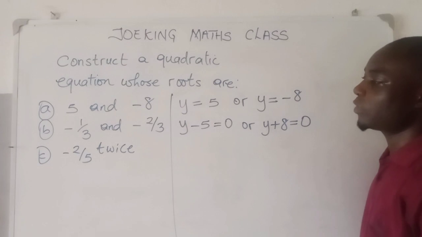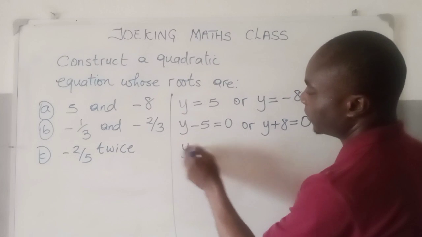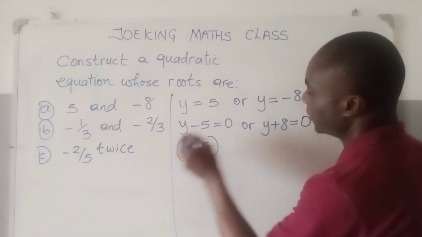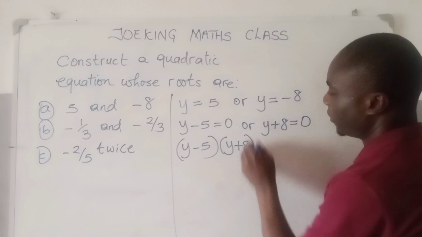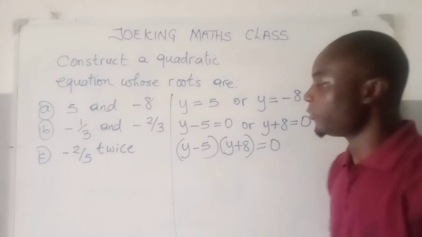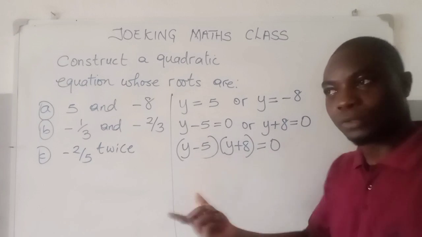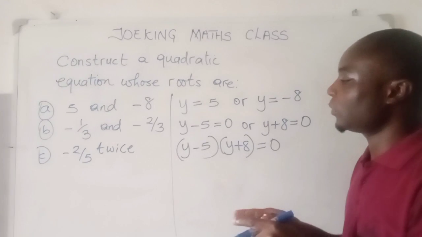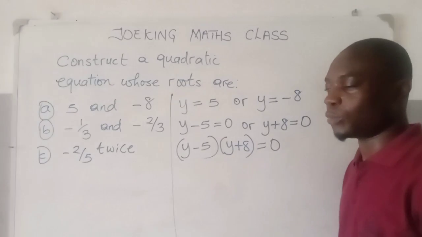All right, so the next thing we're going to do is group y minus 5 in brackets and y plus 8 in brackets, equal to 0. The reason for doing that is that both y minus 5 and y plus 8 are equal to 0, so we can put both of them in brackets and say they are equal to 0.